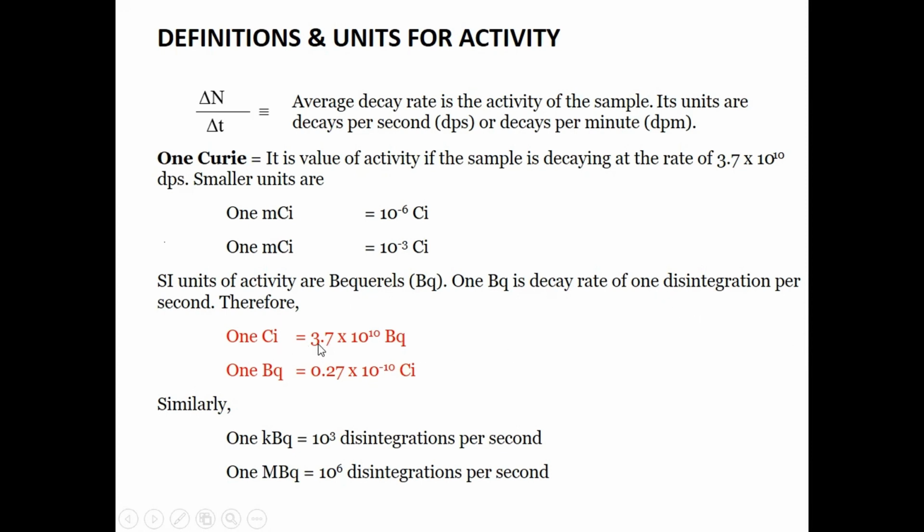So 1 curie is equal to 3.7 into 10 to the power 10 becquerels, or the other way around, 1 becquerel is equal to 0.27 into 10 to the power minus 10 curies. These other units are the kilobecquerels, the megabecquerels, and so on.